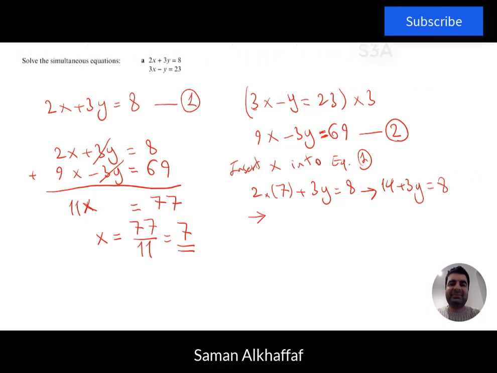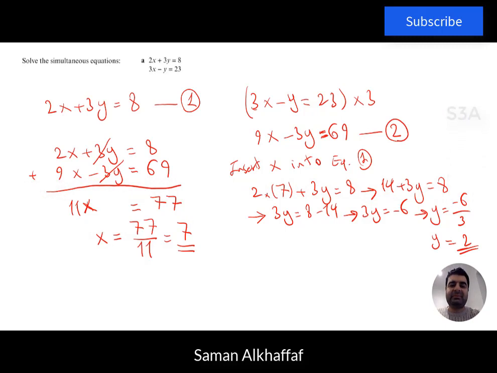Then we would move the 14 to the other side, so that would give us 3y equal 8 take away 14, and that would give us 3y equal minus 6, so dividing minus 6 over 3, that would give us y equal 2, which is our answer.